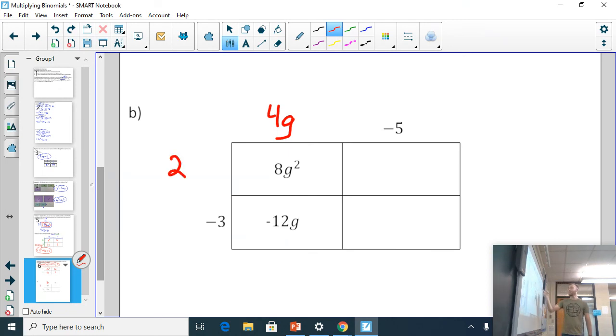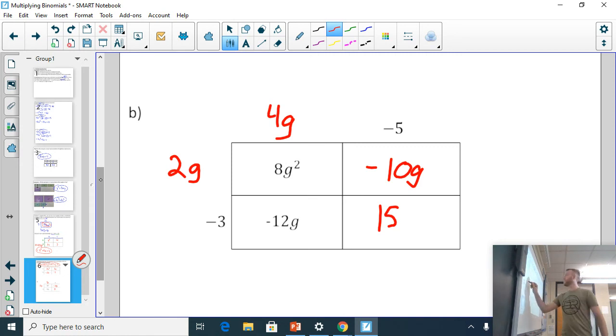And then we have a g, but we have g squared here. So we're going to need another g. And so 2g times 4g is going to be 8g squared. That works out. And then we can just fill in the rest like we have been. 2g times negative 5 is going to be negative 10g. And then negative 3 times negative 5 is going to be a positive 15.